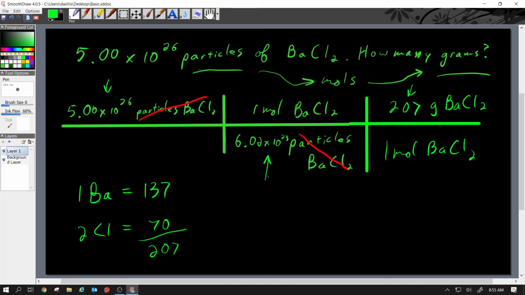Oh wow, that's more than I thought it was going to be. All right, so if you got a bigger number, okay, I'm going to say it's that many grams, and then we may convert it to kilograms.